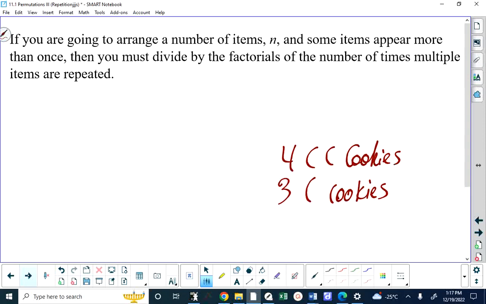And we're going to assume that the chocolate chip cookies are like perfect, the same cookies. It's not like one has a whole bunch of extra chocolate. Okay? Well, then it would be 7 factorial, because I'm arranging 7 items, but 4 are identical and 3 are identical. That would be the answer, whatever number that is.